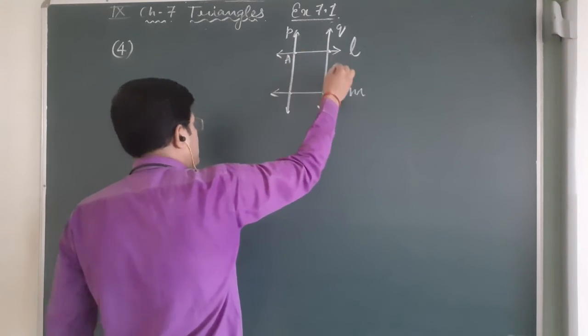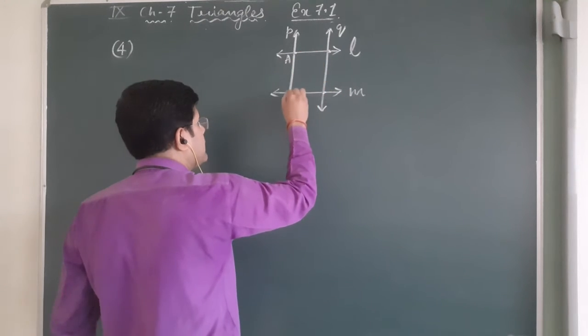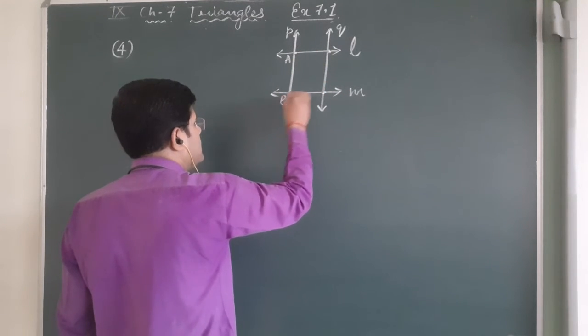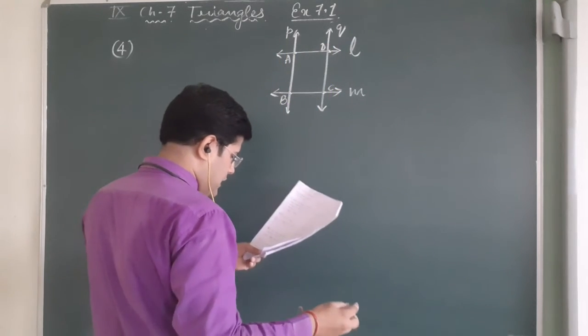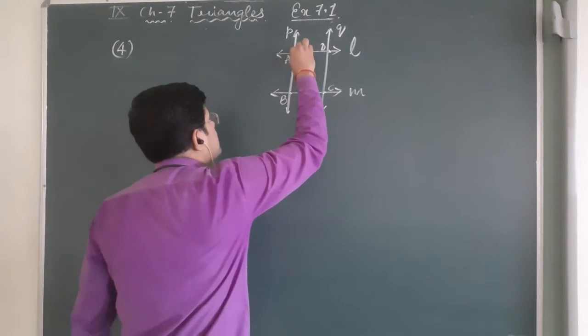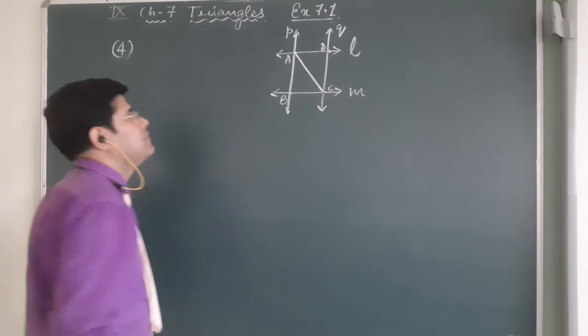This one is A, and there will be B, C and D. Here four points are given, and one diagonal is also given as AC.